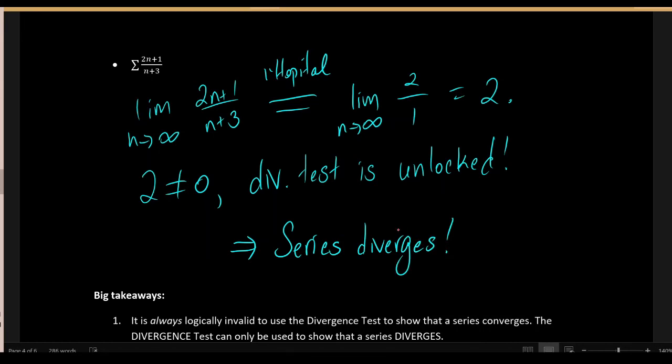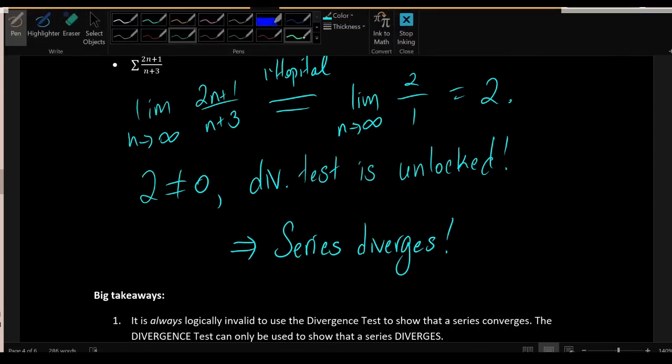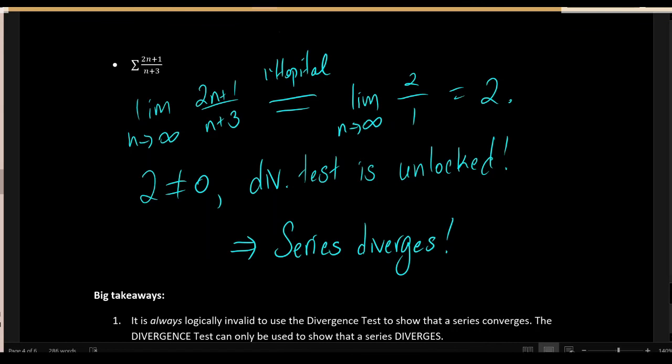Now, let's reflect on what we have done for a little bit. Let's go back and make a notation next to all the logically valid applications of the divergence test. We have just done a logically valid application of the divergence test, and we concluded that the series diverges.